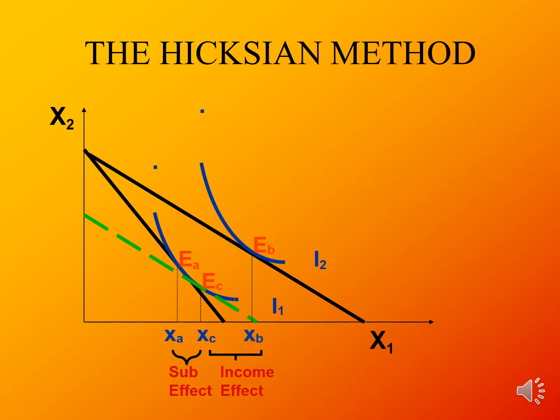So through the Hicksian method, the price effect is decomposed into substitution effect, that is XA to XC, and income effect, that is XC to XB. This is how we decompose price effect into substitution effect and income effect in case of a Hicksian method.